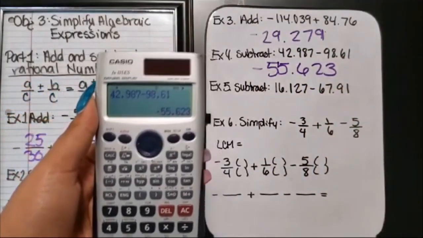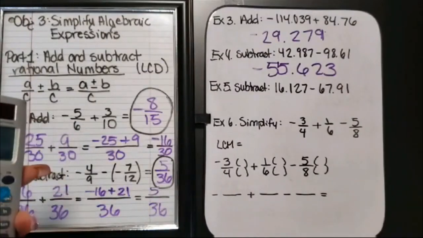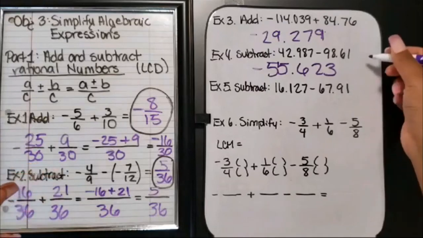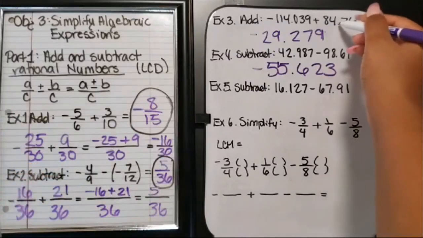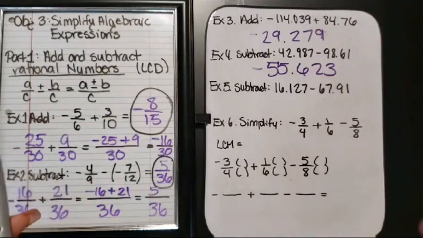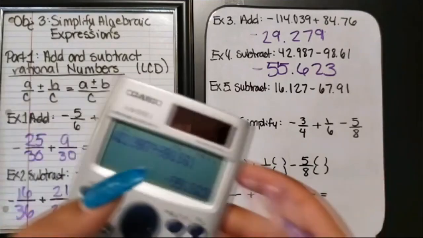55.623. Okay. If you do not have a calculator and you want to add it the old-fashioned way, all you have to do is line it up with the decimals. All right. But if you have a calculator, by all means, just go ahead and use the calculator.